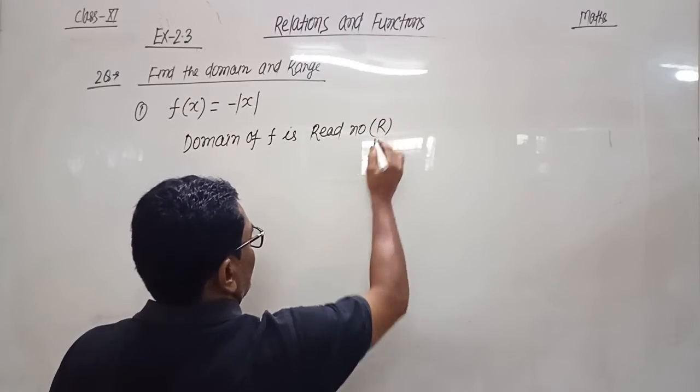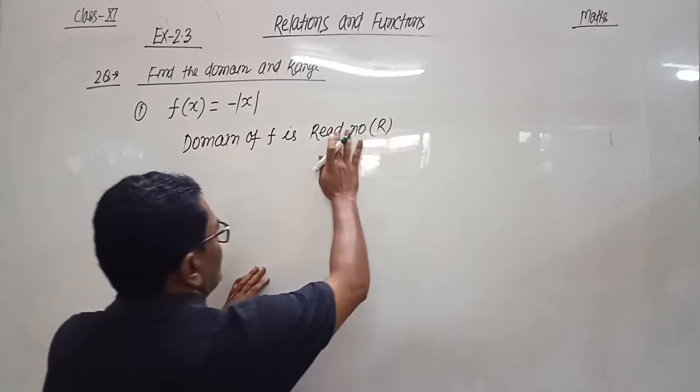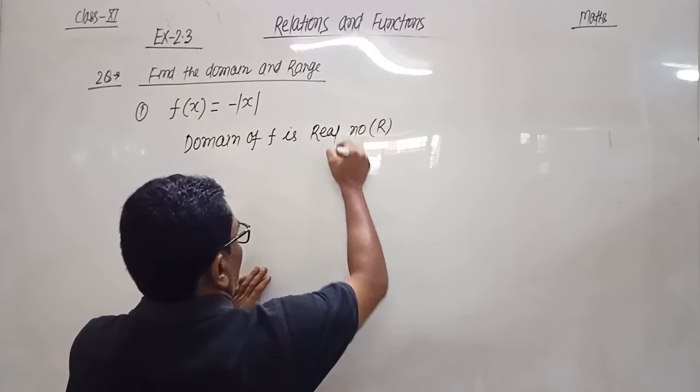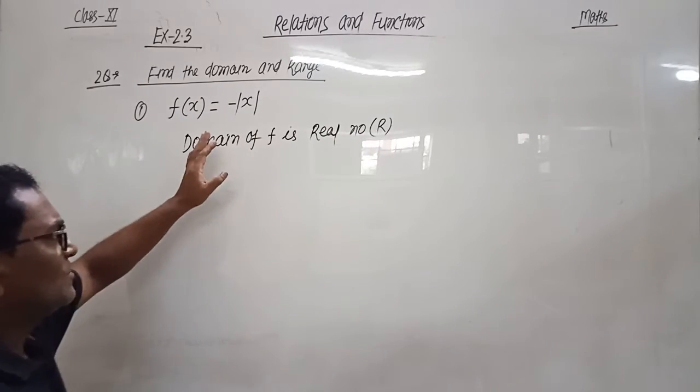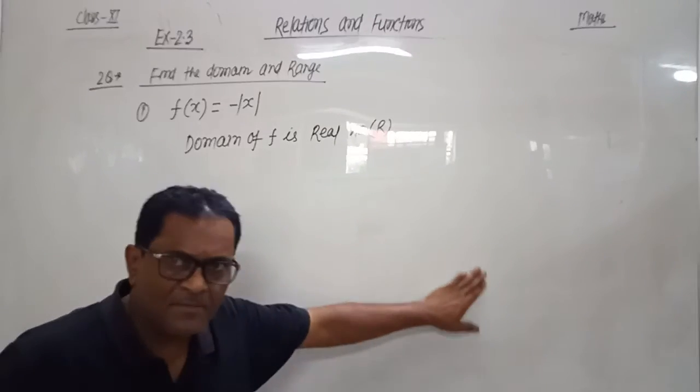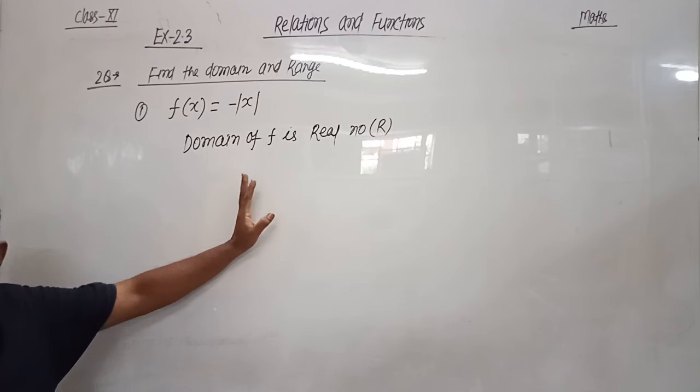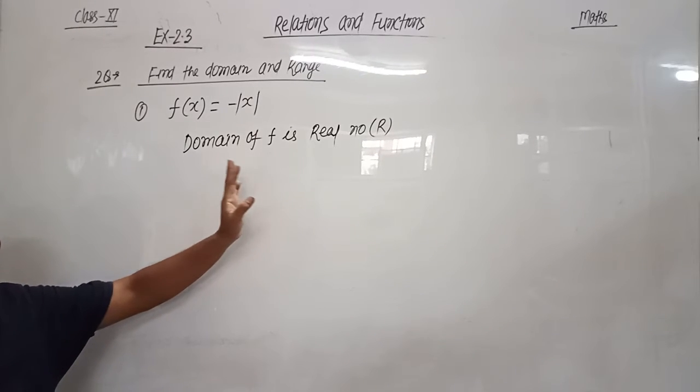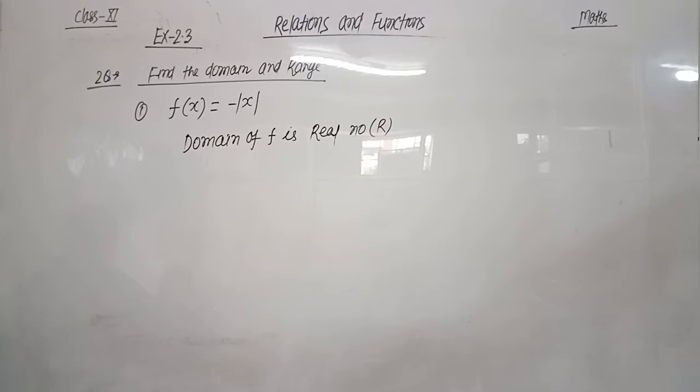It can also be represented by R. R means real numbers. So we have determined its domain. What will be its domain? Real numbers, because we can take any values of x.